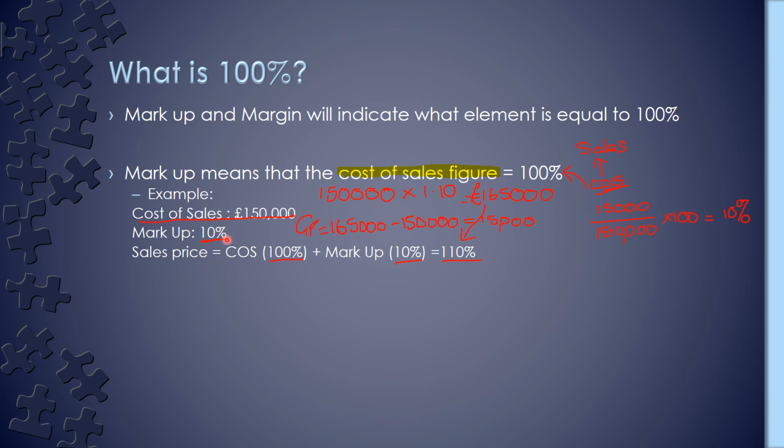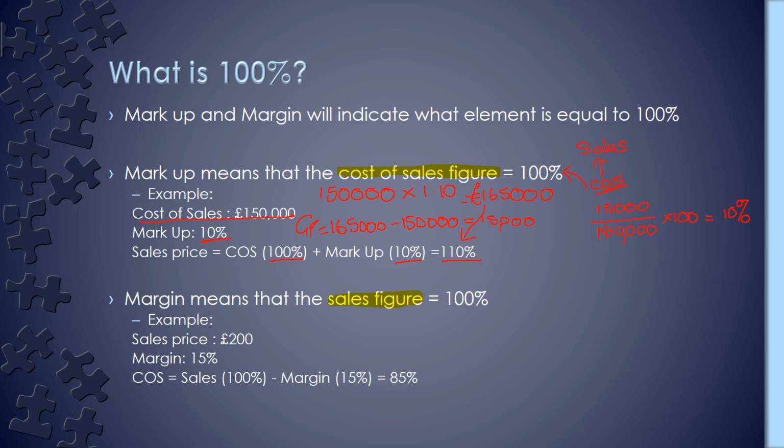So let's work this out then for margin. When you're working with margin, if you're given a margin percentage, you then need to take that the sales figure equals 100%. So this time we're changing which figure it is that we take as 100%. So if we're given our sales figure and we're given our margin, we can work out what the cost of sales figure is for that.